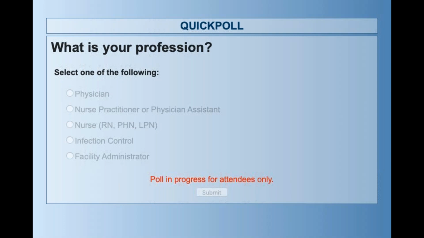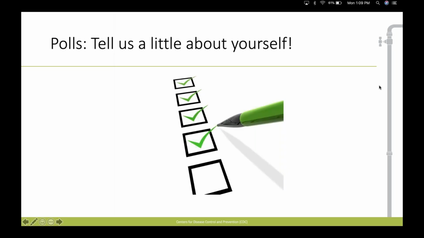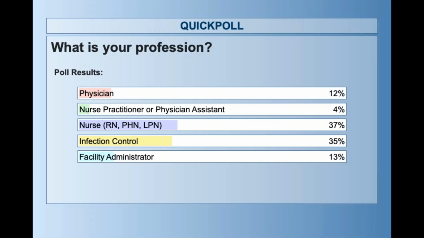And again, the poll for GoToWebinar is in your GoToWebinar control panel. Great, we'll just give everyone one more minute. I'm going to close that poll and share the results. So we have largely nurses and infection control professionals.